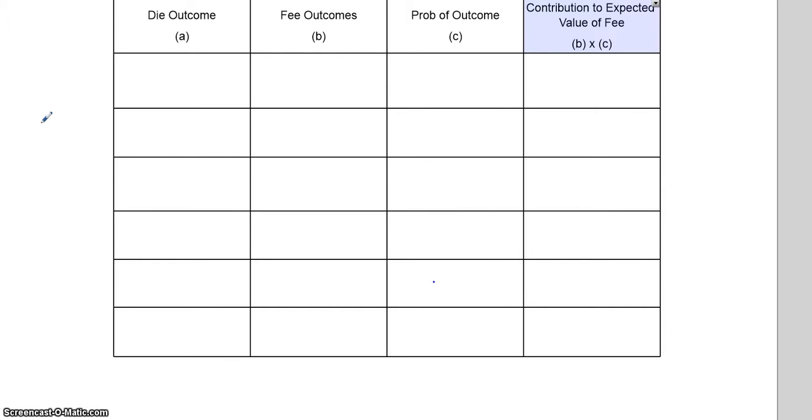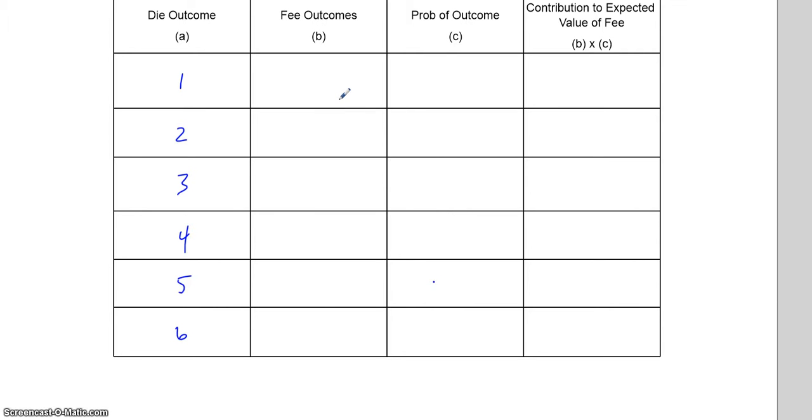And again, expected value is what we think of as that long-term average if you repeated the experiment many, many times, or another way to think about it is the theoretical average, the average you should expect to get. So the way we do that is first we have to think about all the possible outcomes. Here when we roll the die, the 1, 2, 3, 4, 5, 6 were the possible outcomes.